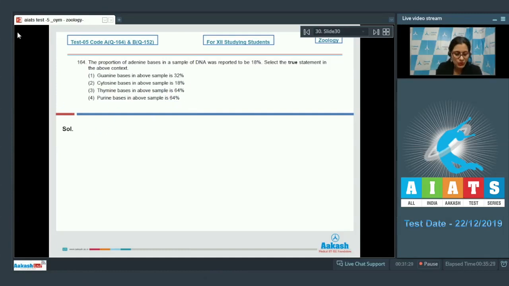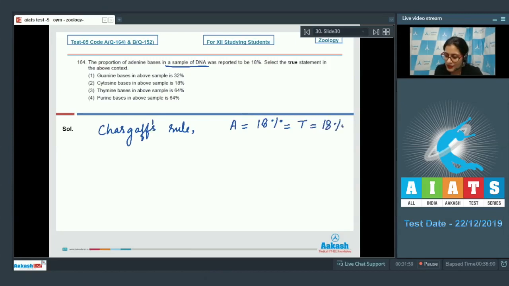Now in order to attempt this question, you must apply Chargaff's rule first. It is given that adenine bases in a sample of DNA was 18%. Adenine base pairs with thymine, so it is equivalent to thymine ratio, which says 18%.